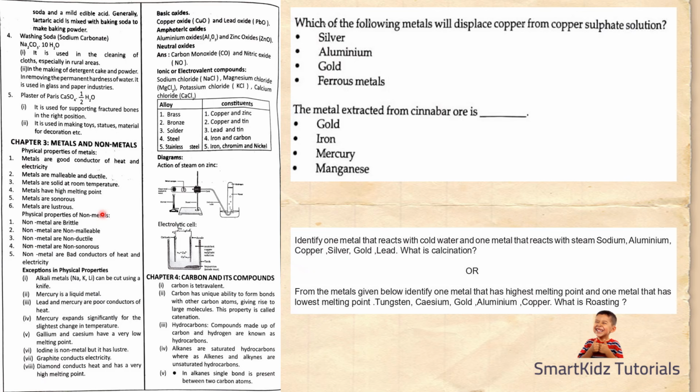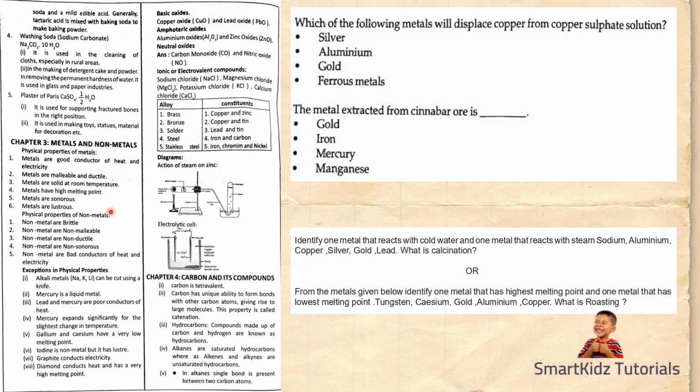Also, they have a high melting point. I've spoken already about good conductors of heat and electricity. Non-metals are the exact opposite of that. Look out for certain anomalies.